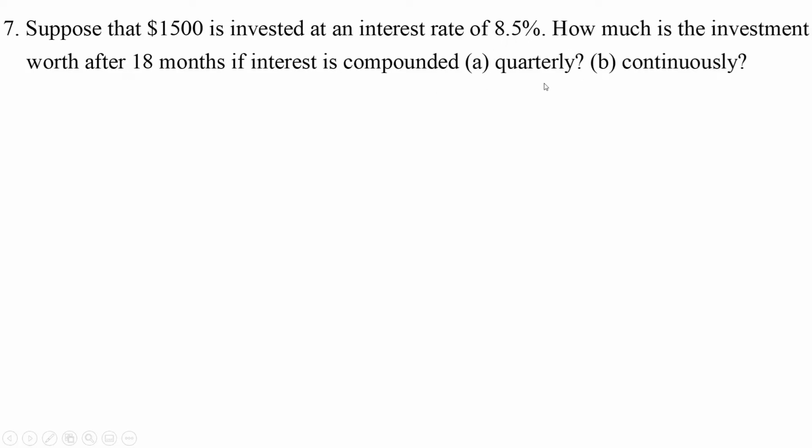Very common here. Or continuously. Now that usually doesn't happen with investments, continuous. That's usually in nature, but hey, let's take a look and see what happens. So, we're compounding, so let's start off with first, what is our compound interest growth function? Compound interest.